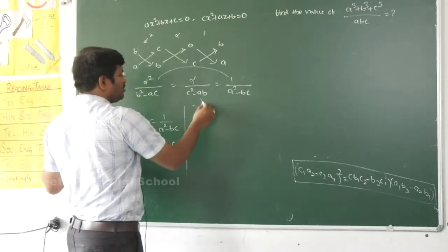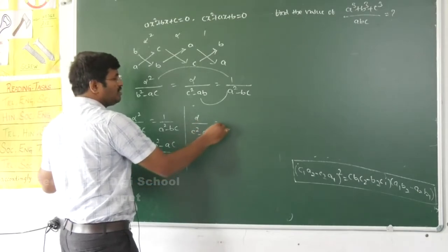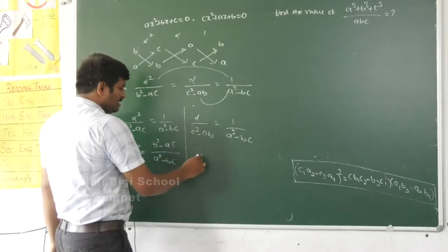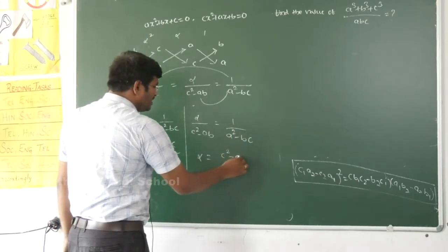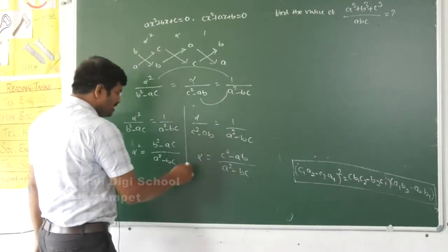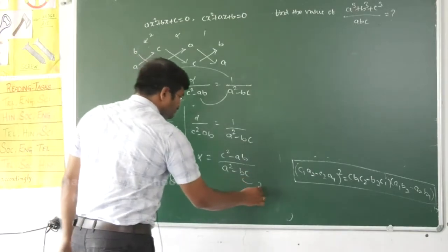Now equate these: alpha by c square minus ab is equal to 1 by a square minus bc. Then alpha is equal to c square minus ab by a square minus bc. This is equation number 1, this is equation number 2.